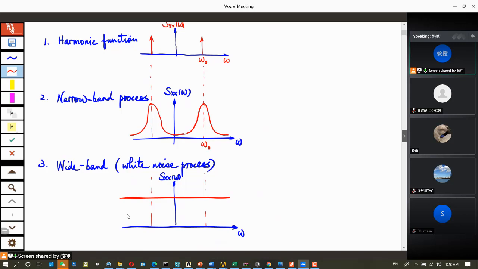Just from what you know about random process, just try to draw a realization of a narrowband process and wideband process.